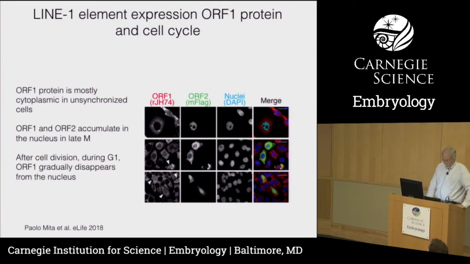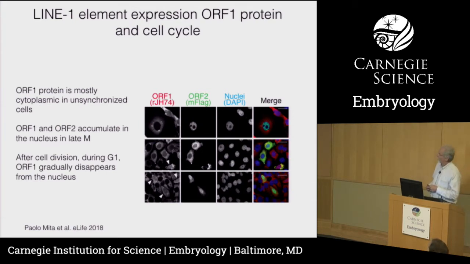The main topic for today that I wanted to talk about is some other work that was very recently published in eLife by Paulo Mita and others, which has to do with the question, is the process of retrotransposition random, or is it somehow associated with the cell cycle?